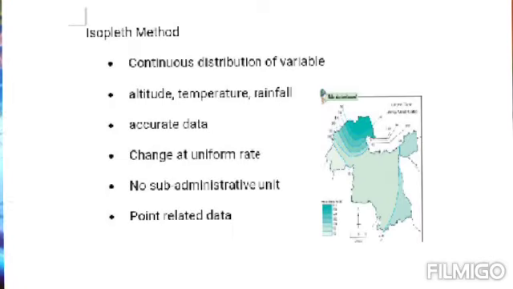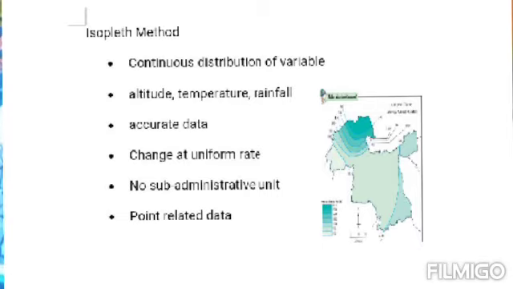Now the third method of distributional map is the isopleth method. A very important thing in isopleth method is what makes it different from dot method and choropleth method. In dot method we use dots, in choropleth method we use tints of colors, in isopleth method we use isolines, or you can use the simple word lines, right?